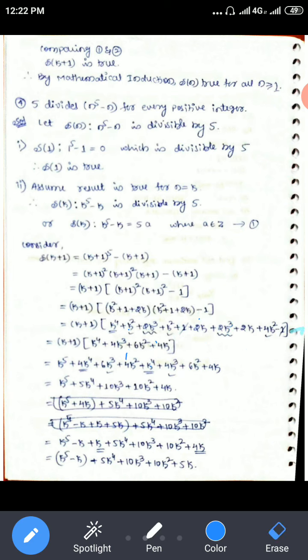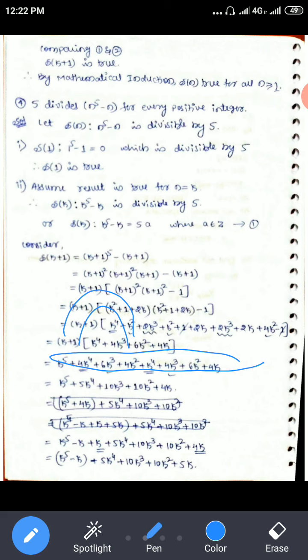So again you multiply k into this term: k into k raised to 4 is k raised to 5, plus 4 k raised to 4, plus 6 k cube, plus 4 k square, plus 1 into this term. Finally after all simplification, I am getting k raised to 5 plus 5 k raised to 4 plus 10 k cube plus 10 k square plus 4k.